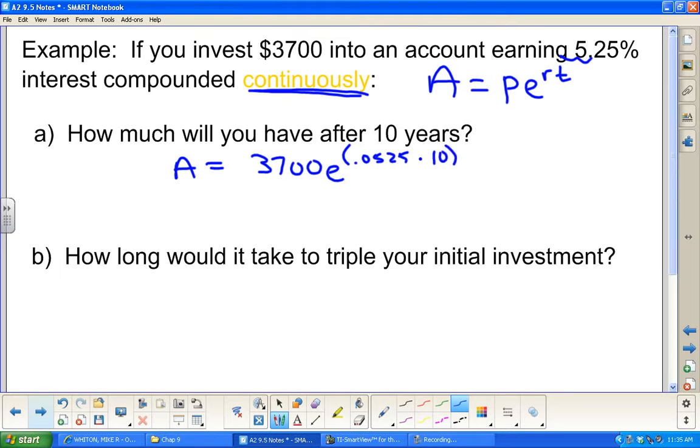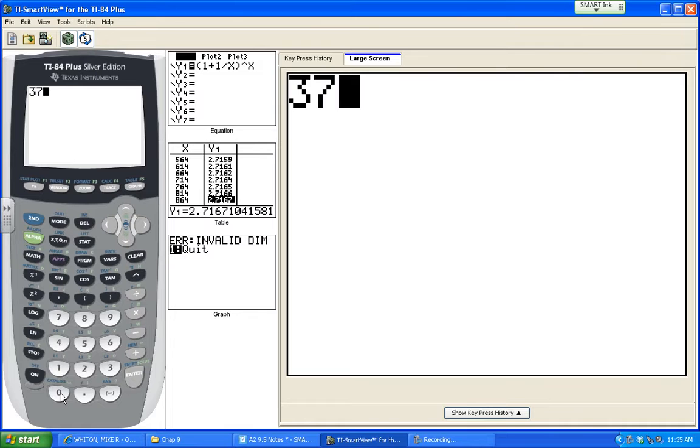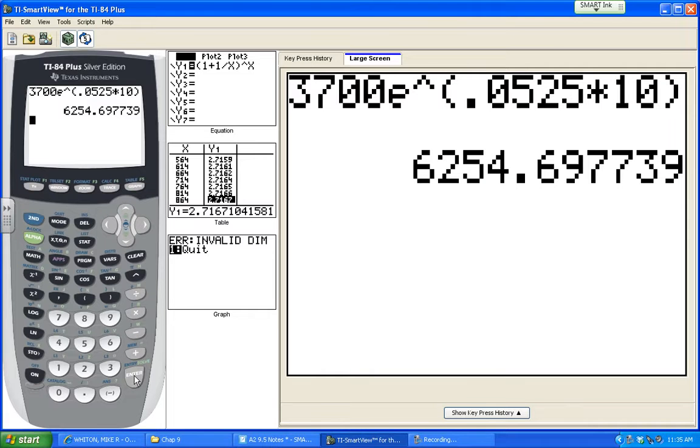Okay, so that one, pretty much a straight calculator problem. 3,700 times e to the 0.0525 times 10 power. And that should give us our answer right there.